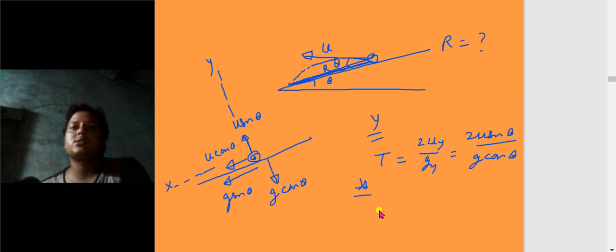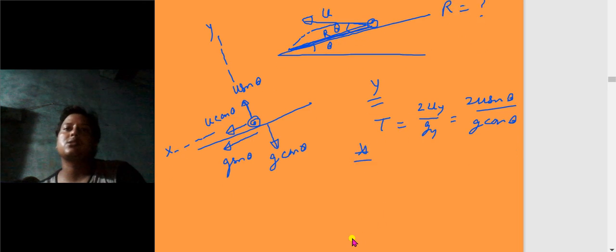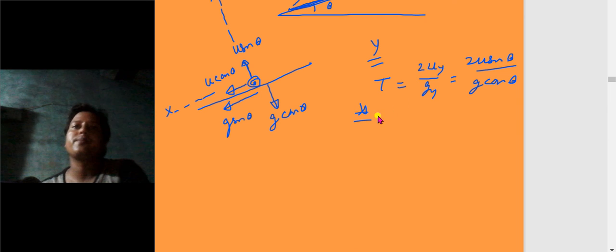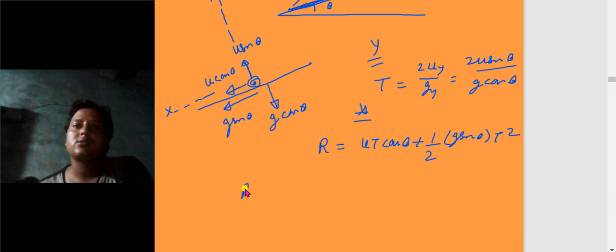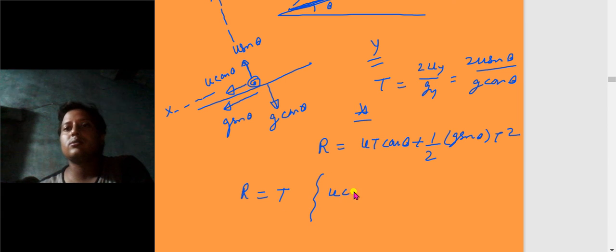Taking x direction motion, which is also non-uniform, distance equals ut plus half at square: u cos theta t plus half acceleration, g sin theta, into t square. So r, t common, u cos theta plus g sin theta t over 2.